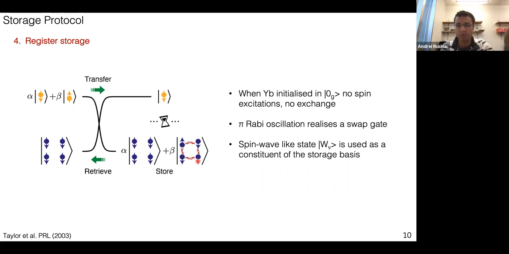So if you start with a state which has more than one spin excitation, so let's say we had stored this state, and now we put the ytterbium into the spin up state rather than the spin down state and try to apply a swap, then there would be a certain probability that rather than going back to the original case, we would transfer a second excitation into the vanadium ensemble. And in that case, this scheme doesn't operate as we want it to.